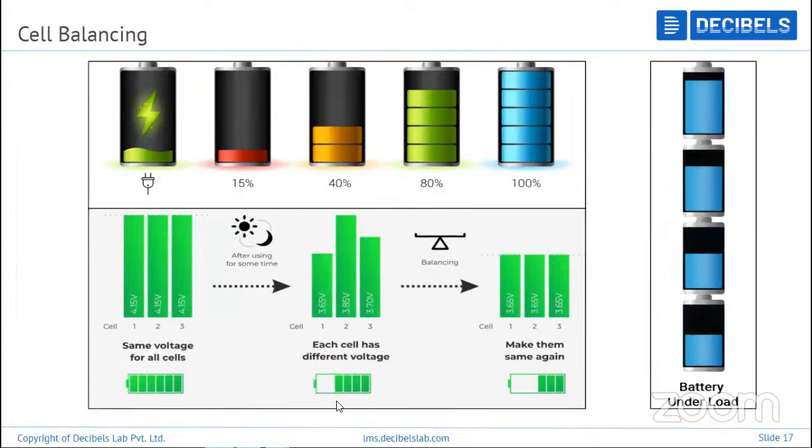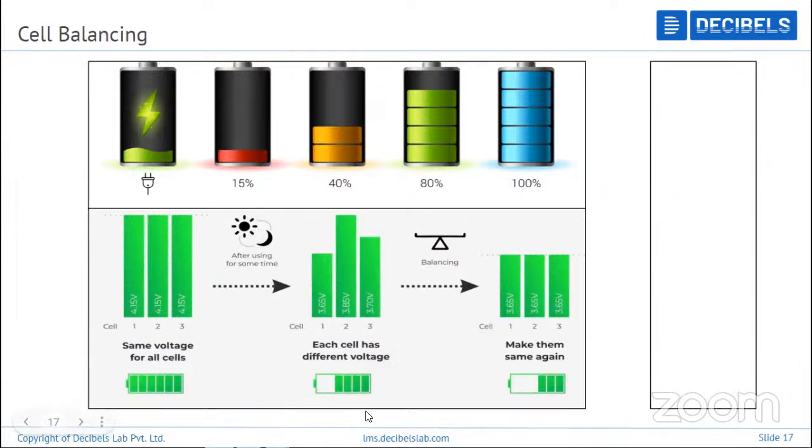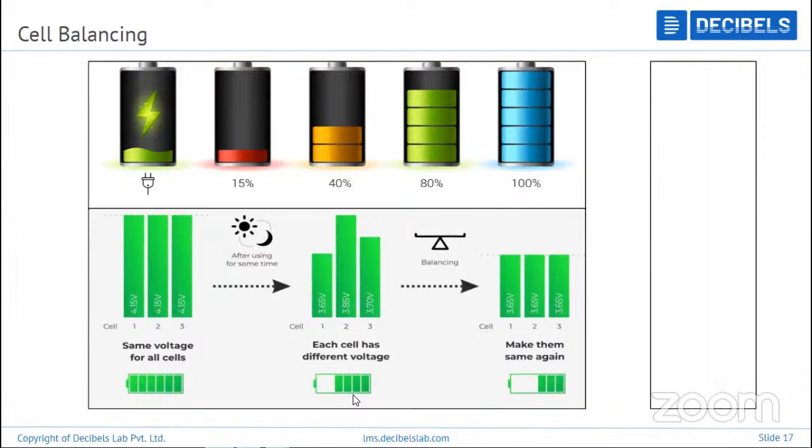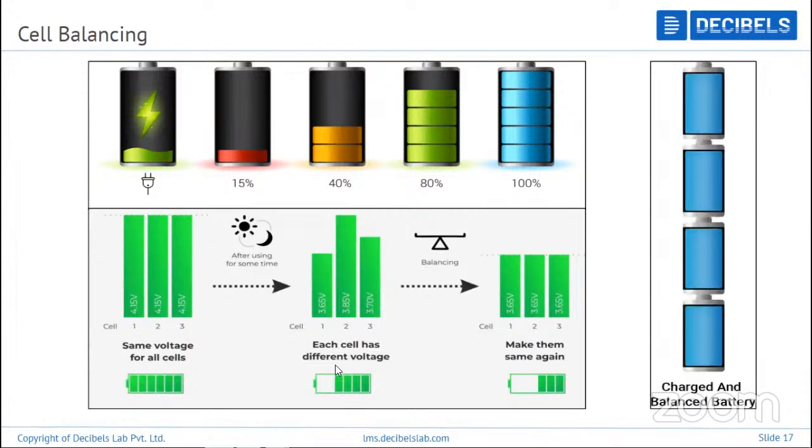You can still see 4 bars. That's what I was talking about. It will be showing, let us take an example of 70%, but in truth it won't be able to give you 70% of the capacity. It would be a kind of pseudo value, a false value, I would say. That is, again, due to this imbalance.